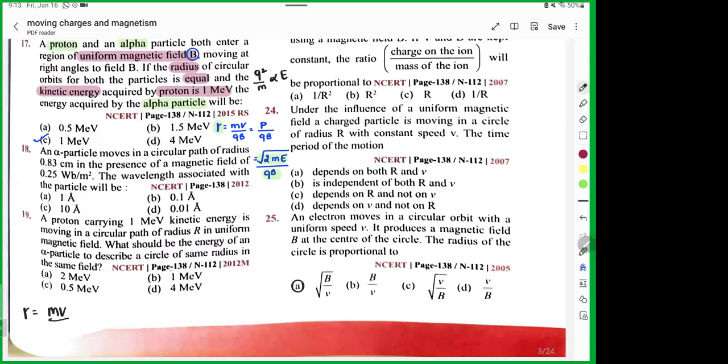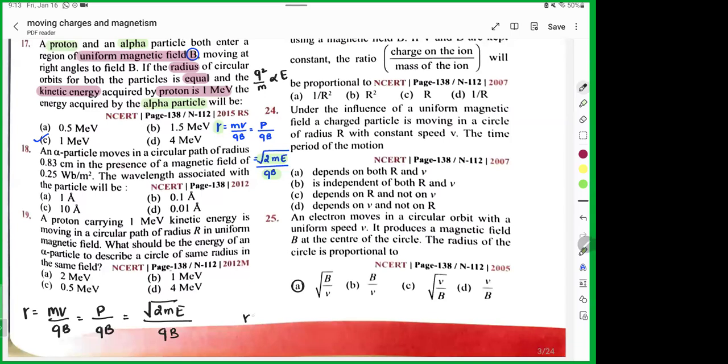R is equal to mv by qB. You know this formula. mv is the linear momentum, so P is equal to the square root of 2mE, the kinetic energy, by qB. For alpha particle and proton, mass and charge are different.